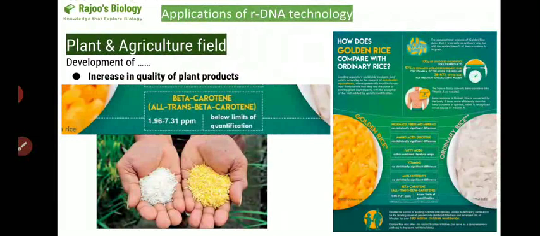But scientists have introduced the gene for beta carotene into the rice, and now the rice is able to produce 1.96 to 7.31 ppm of beta carotene. Then it appears in a golden form. So this is the way whereby you can increase some nutritional quality of the plant.